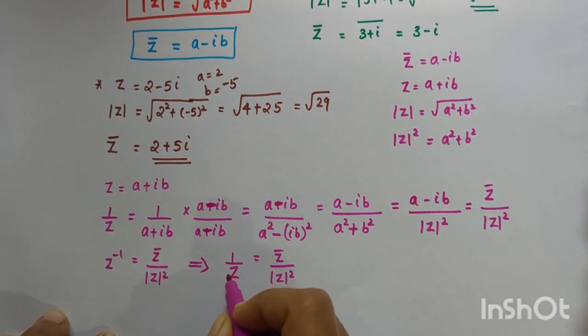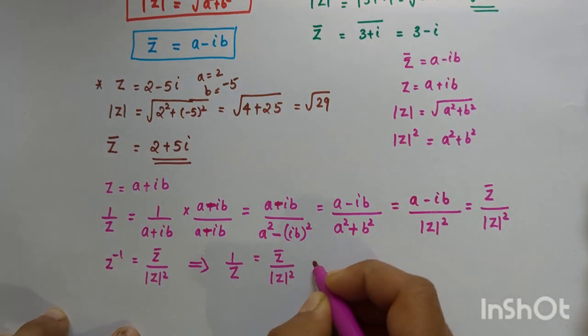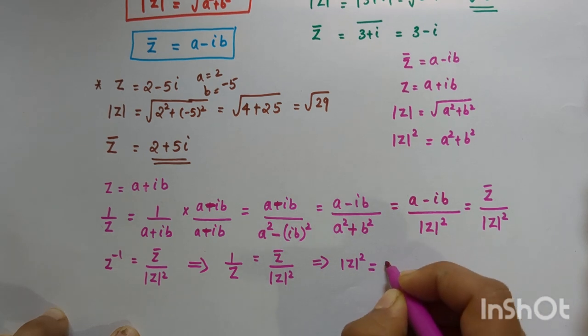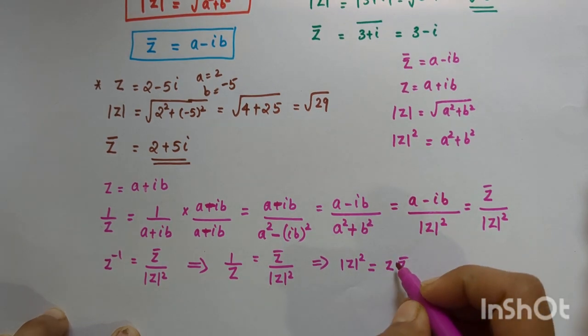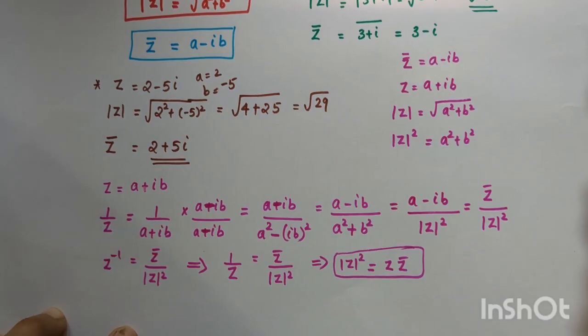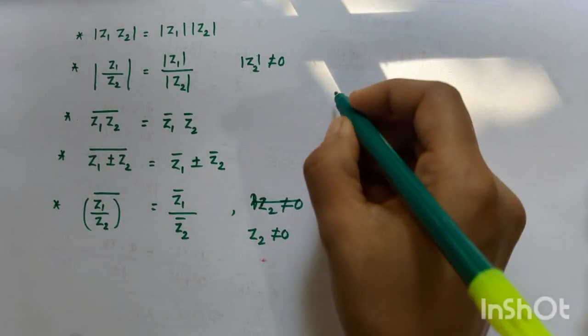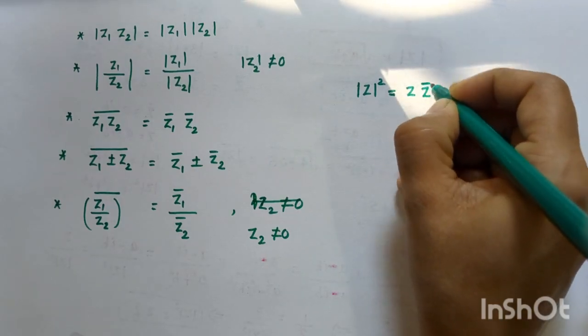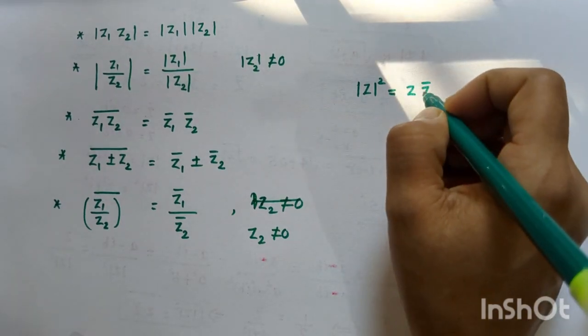Then I'm taking this z to this side, that also goes to the numerator. So we can write modulus of z all square is equal to z into z bar. So we have seen that modulus of z square can be written as z into z bar. Z bar is the conjugate of z.